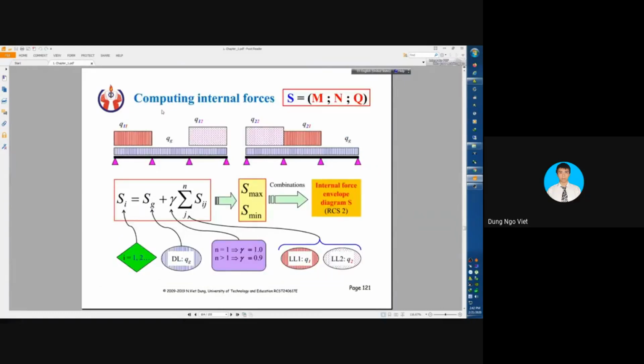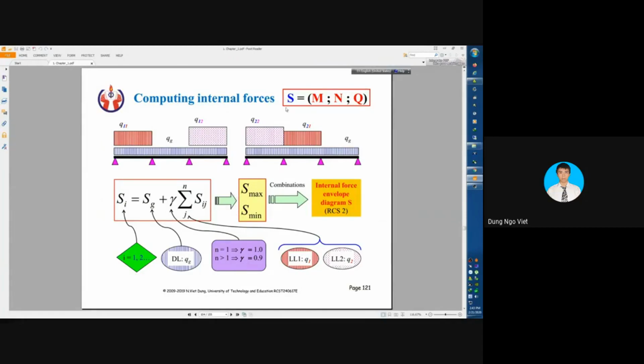And here is how we can calculate the internal forces. The internal forces will be the bending moment, axial force, and shear force. And these are the loads acting on the beam. And here are the load combinations, and combination of the forces.